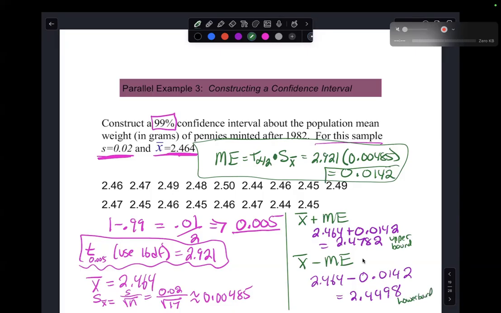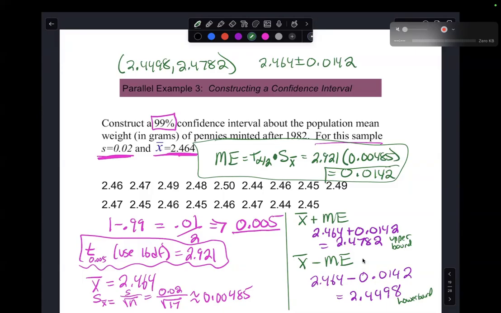I'm going to go up at the top to write the way that the answer is going to look. So you'll either see it like this, or like this. One or the other.